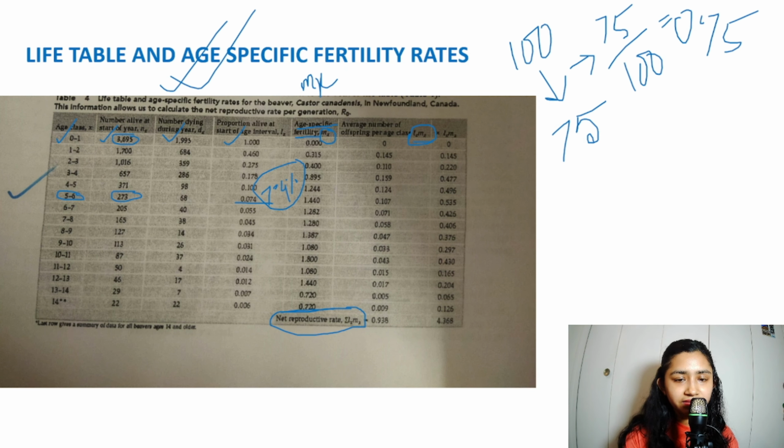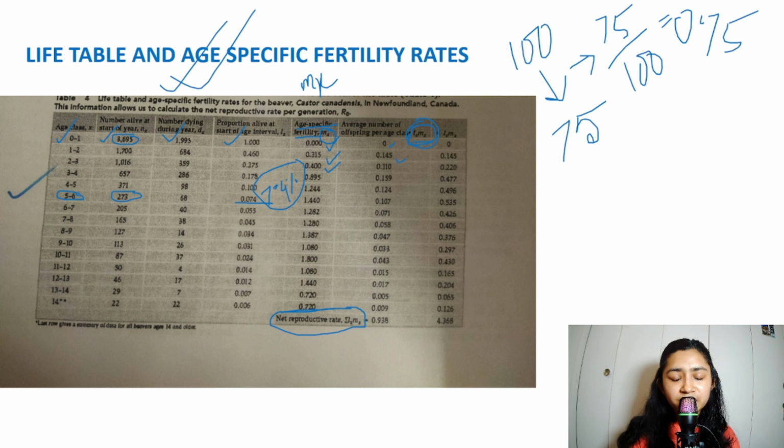And here the specific fertility, mx, is given, and when we sum up LX mx together, we get the net reproductive rate. It is the average number of female offspring produced by all the females in the population over the course of a generation, which constitutes the reproductive life of a female. So the net reproductive rate, denoted by R0, is the summation of LX mx.